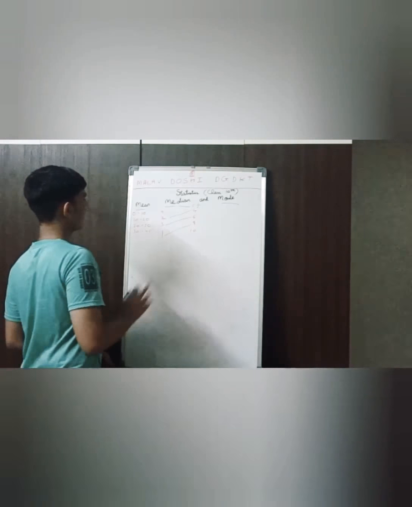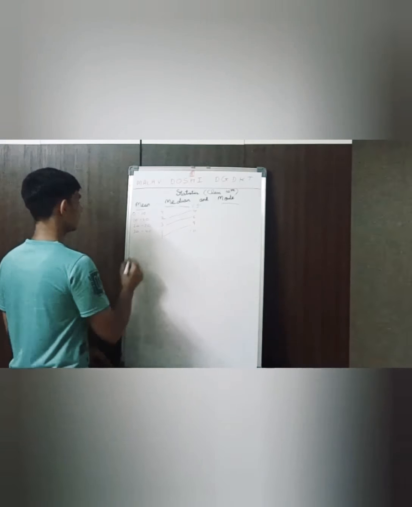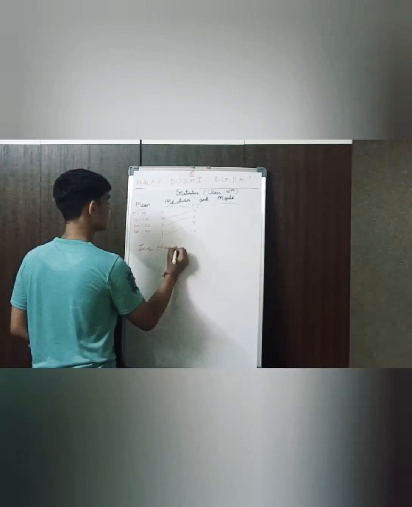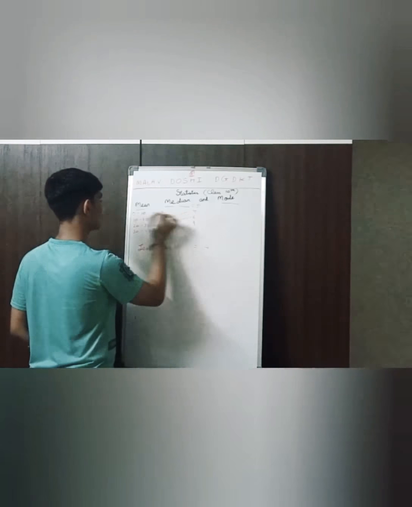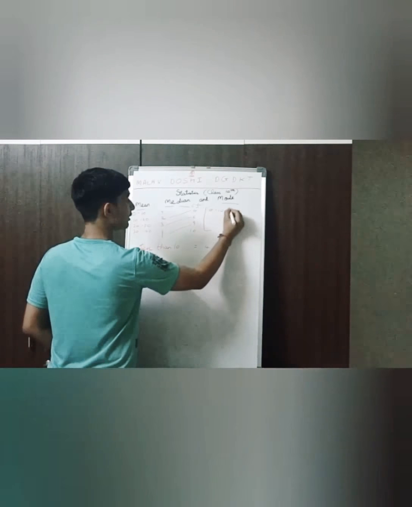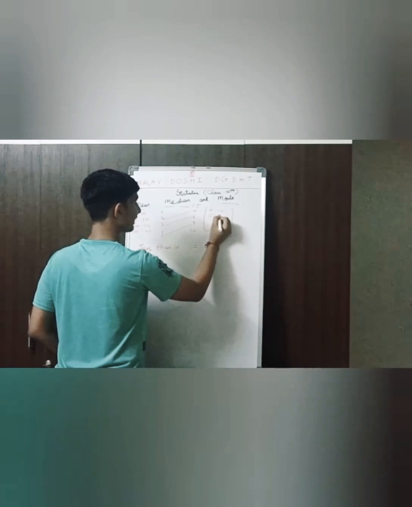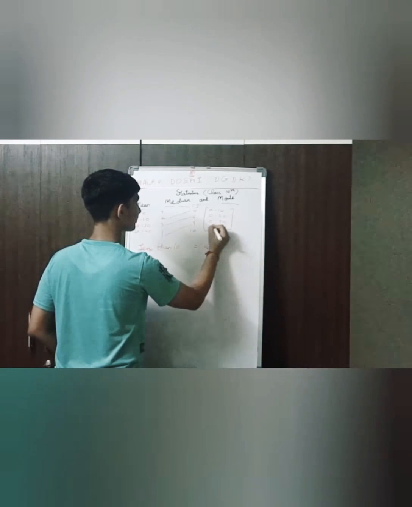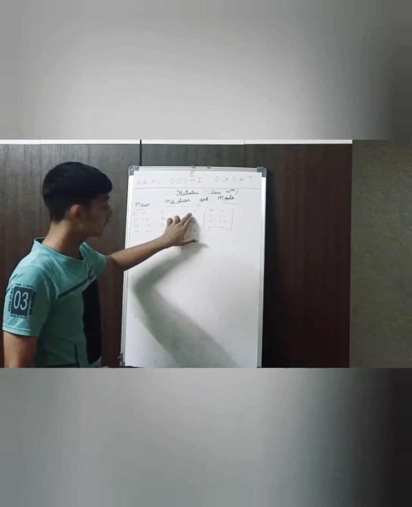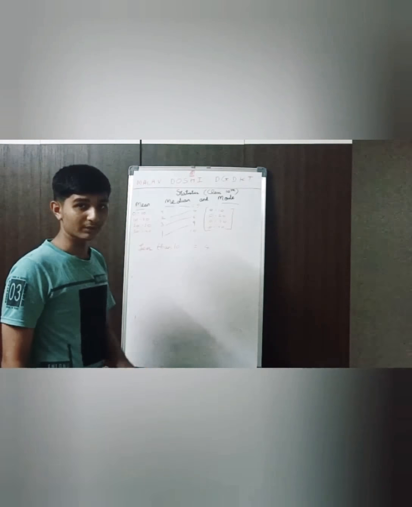Can I write like that? Less than 10 has 4 values. Remember, I am writing the classes in brackets to show which values they cover. This 4 shows the frequency between the class 0 to 10.